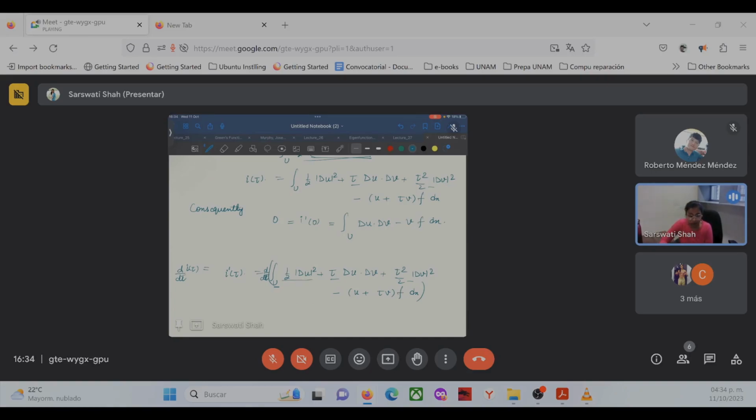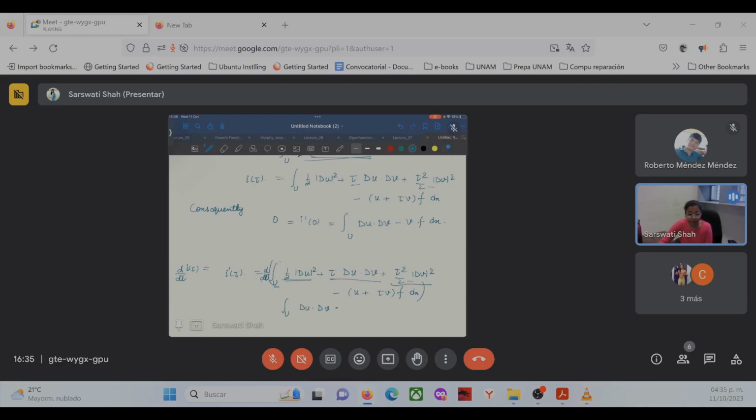So the derivative of this with respect to tau will be 0, and we are assuming that the boundary is going to be constant. So using the Leibniz rule, when we pass this derivative inside the integral, the derivative of the boundary value, like a to b, is going to be 0. So this term will be 0, and the derivative of this term with respect to tau will be ∇u dot ∇v.